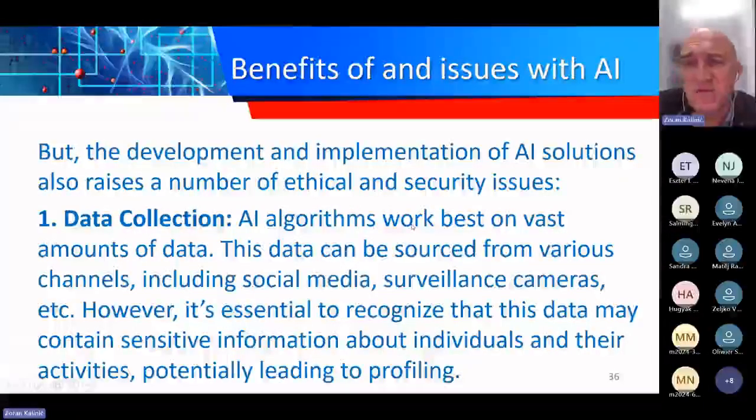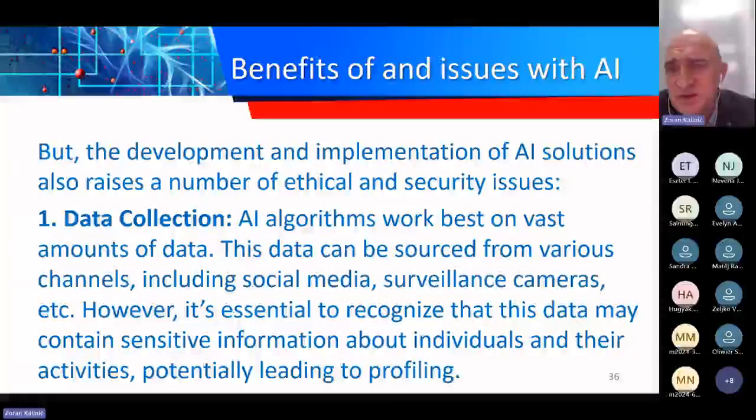Of course, there are a few issues, mostly related to privacy and security, but we will see some of them. The first one is data collection, and generally, almost all AI systems are based on the analysis of a vast amount of data. A lot of data you need in order to train a complex AI model.